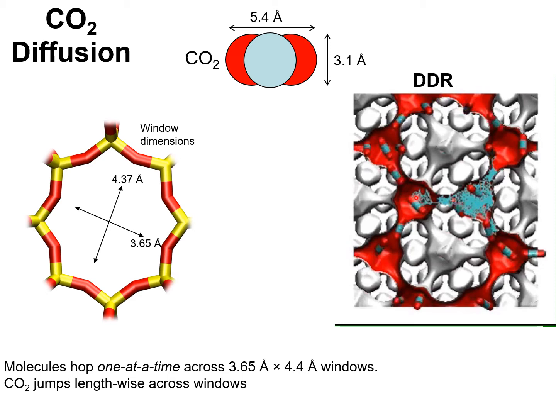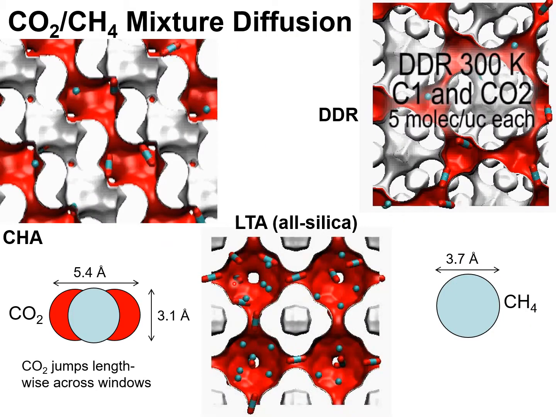So for the duration in which that CO2 molecule was tracked, it underwent intercage hopping successfully only once. Let's examine CO2/CH4 mixture diffusion in cage type zeolites, chabazite, DDR, and LTA.